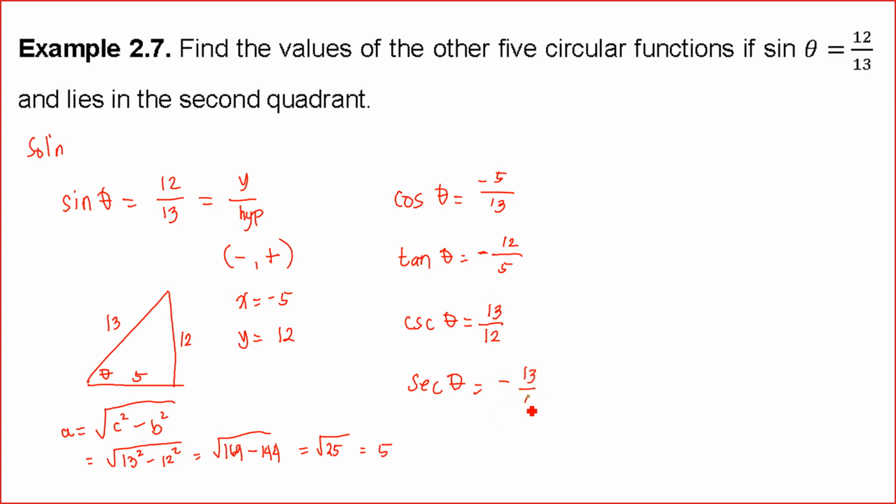And for our cotangent theta is the reciprocal of this one. So you have negative 5 over 12. So we have now the other 5 circular functions if the sine theta is 12 over 13 and lies in the second quadrant. And that's the end of the presentation.